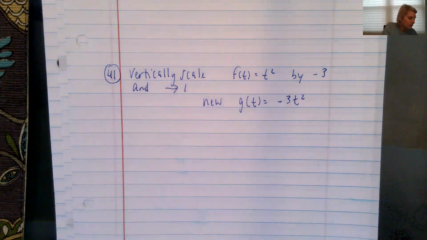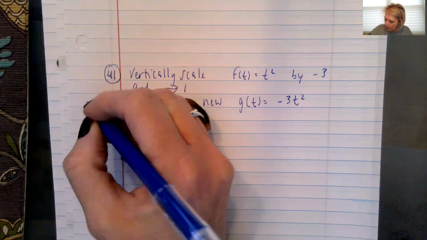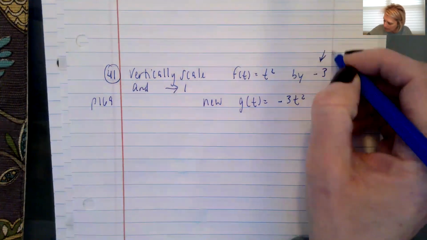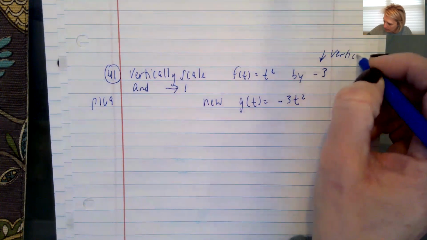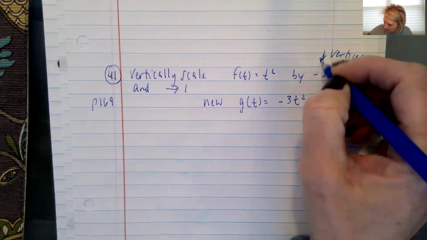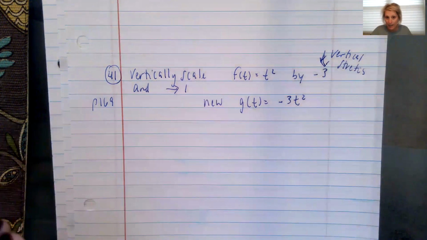And I just want to refer you to the right page. The vertical scaling is, this is a stretch, and it's on page 169. So page 169, this is a vertical stretch. That's the 3. Now the negative means it's reflected.